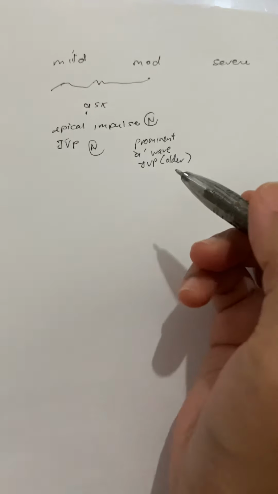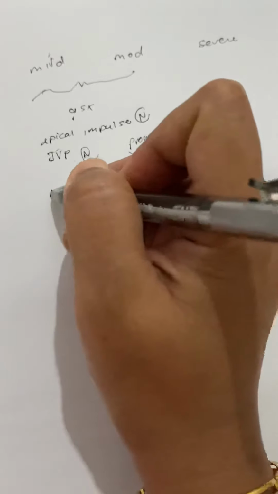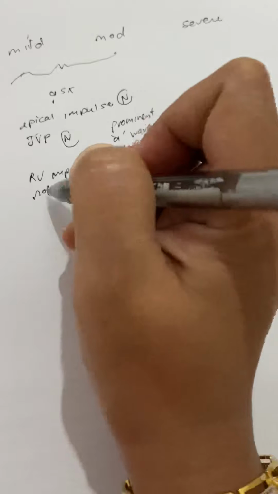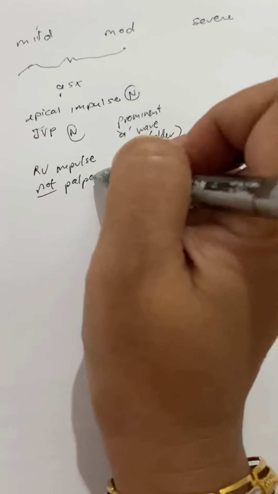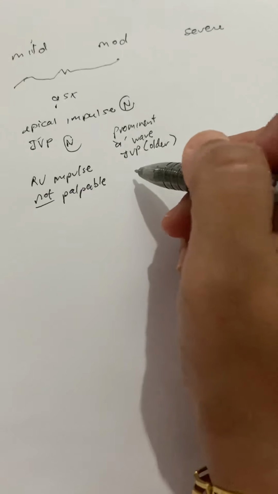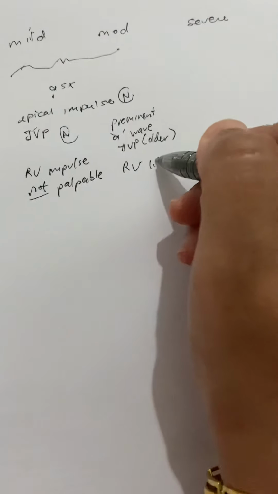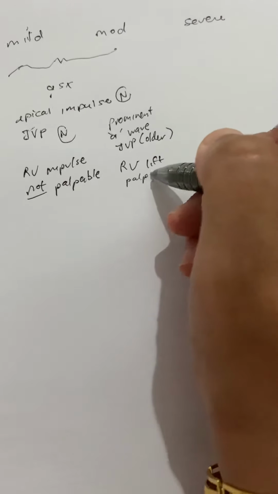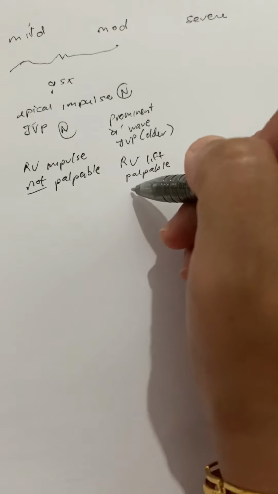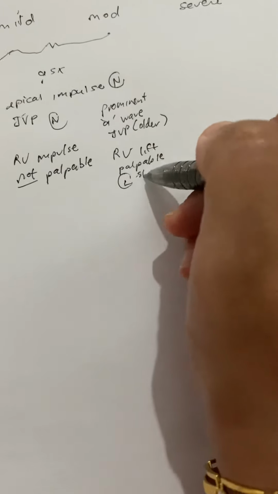Since the heart is not enlarged, the right ventricular impulse is not palpable, and there's a slight right ventricular lift palpable in moderate stenosis. This is at the lower sternal border.